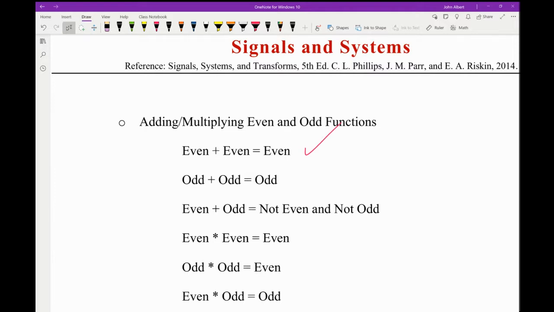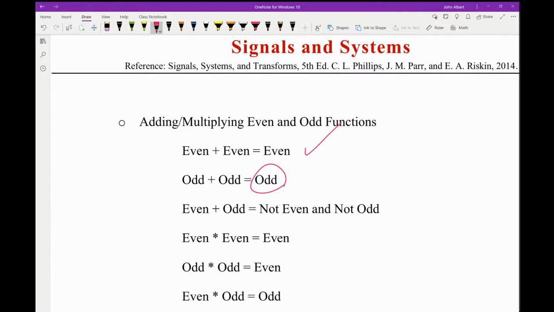When you add an odd function with another odd function, you see, in numbers, when you add an odd number with an odd number, what do you get? You get even. But in signals, no, you get an odd. So this is why I'm saying forget about numbers. Even and odd functions are not exactly similar to even and odd numbers. Okay?